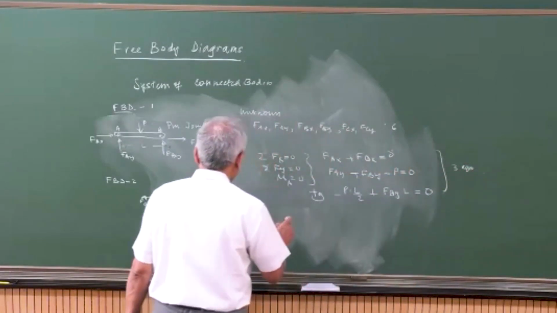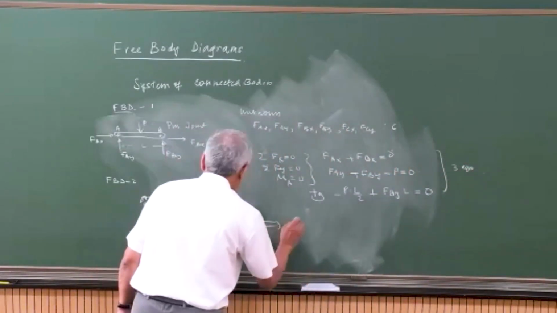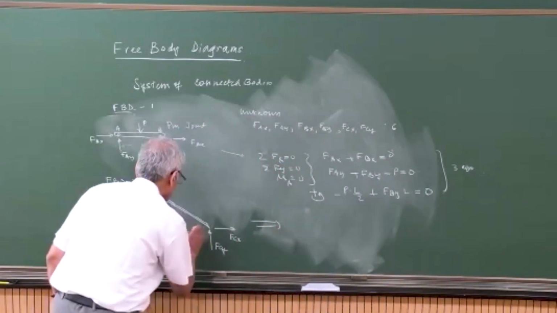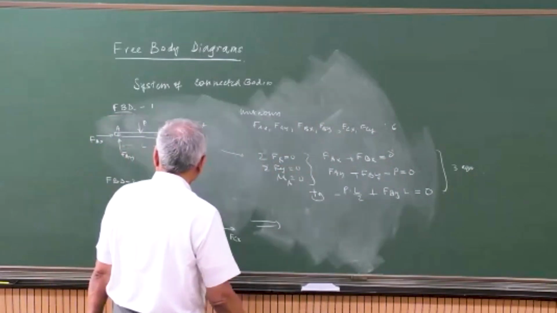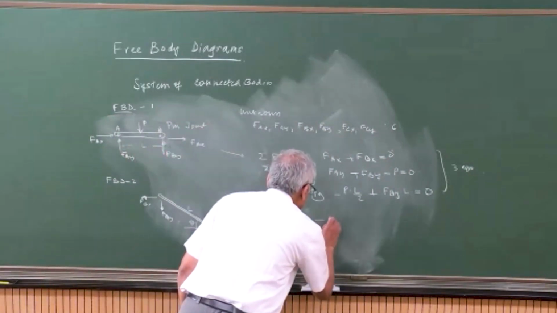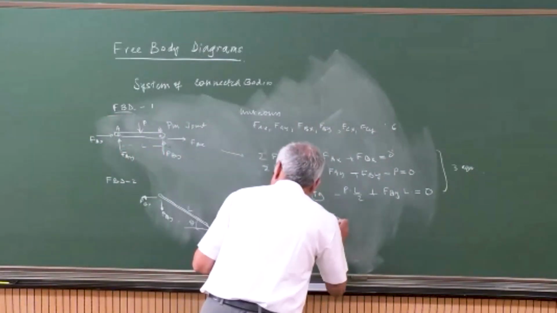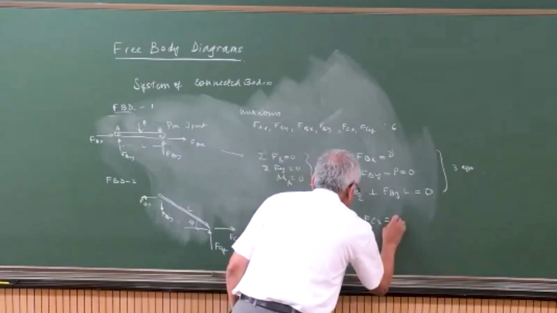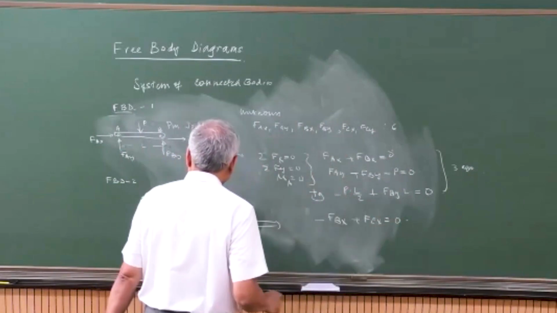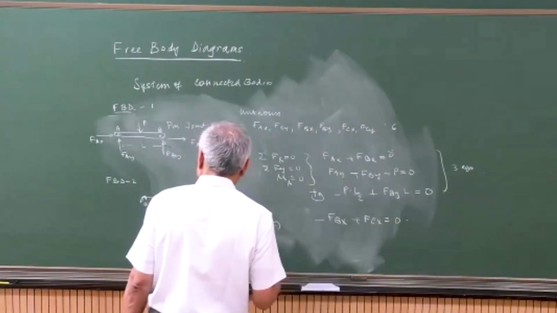And so similarly for this one, exactly the same thing. If you have some angle theta here and L here, so you have minus Fbx and plus Fcx is 0. And then we also have what else?